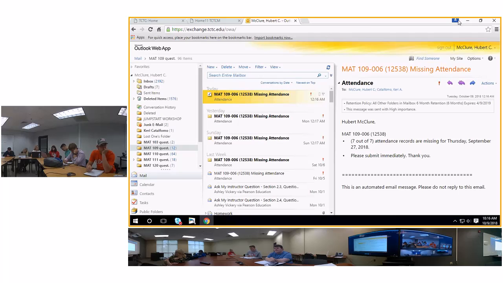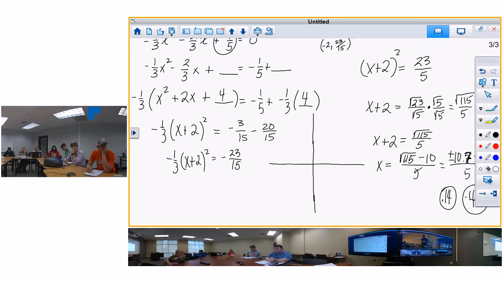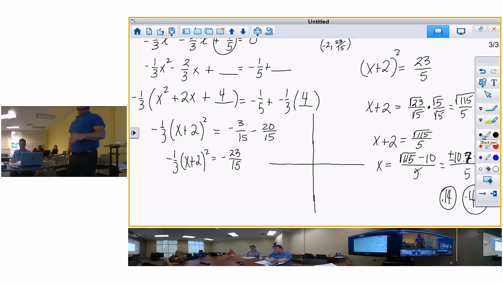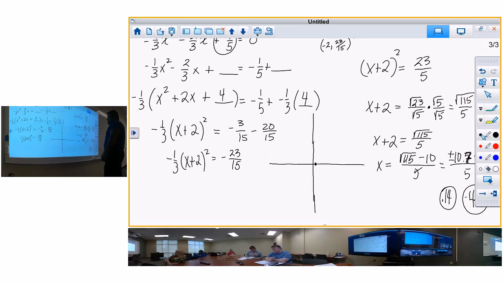Just making sure we didn't have any homework questions. Okay, so here we go. 0.14 will be right in here. Negative 4.1, 1, 2, 3, 4, will be right in there.